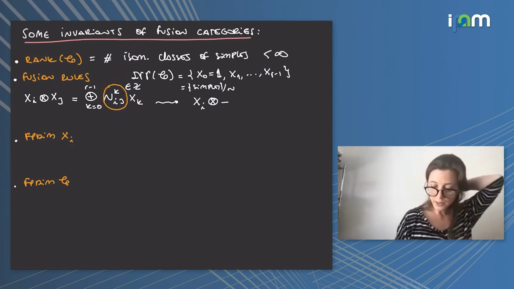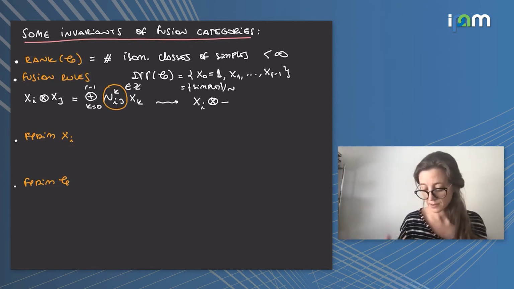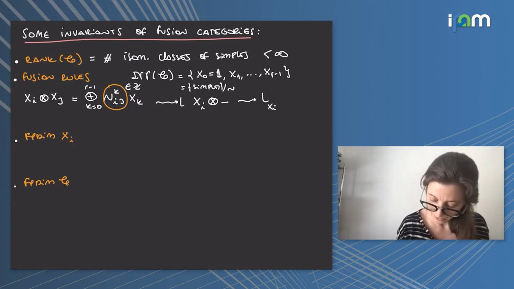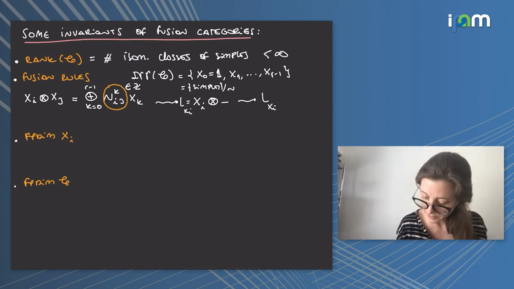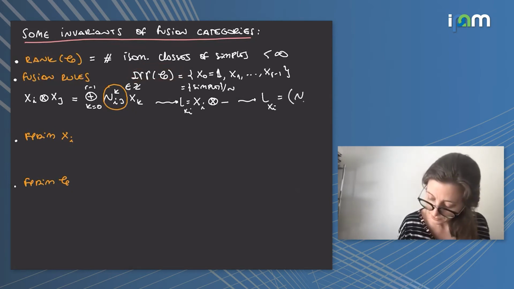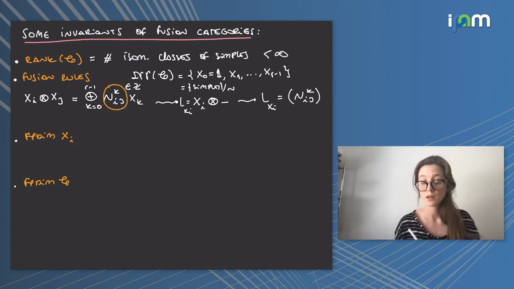And so I will look at the matrix of multiplication by this element x_i, by this simple. I will call it left multiplication, and I will just look at the matrix. The basis is, again, these elements here. So the entries in the matrix are just the fusion coefficients, these coefficients that appear here.